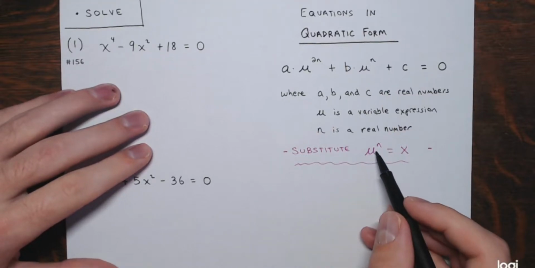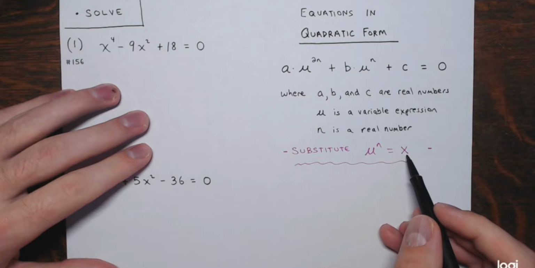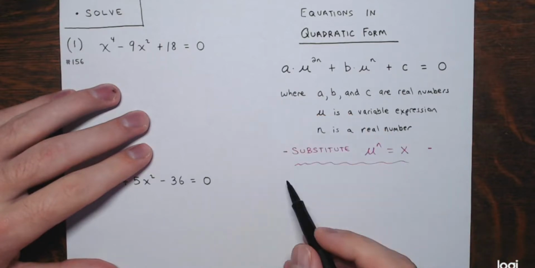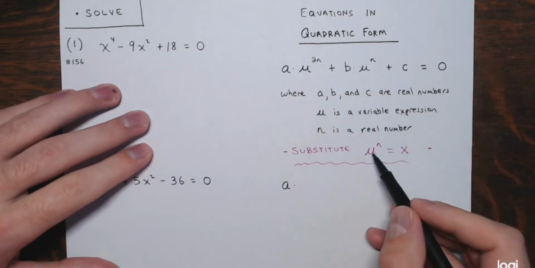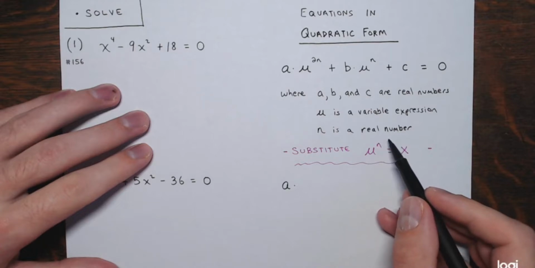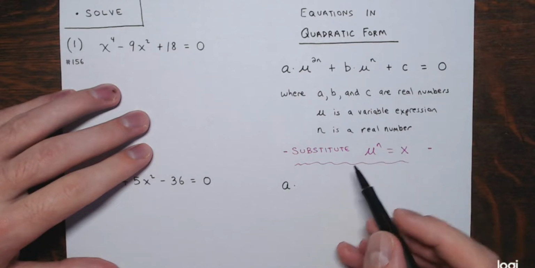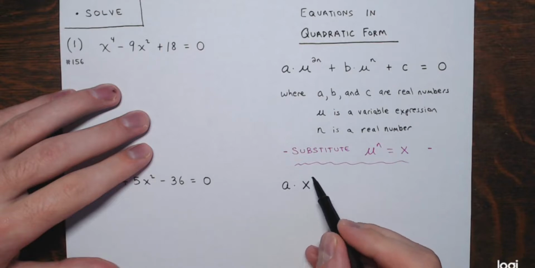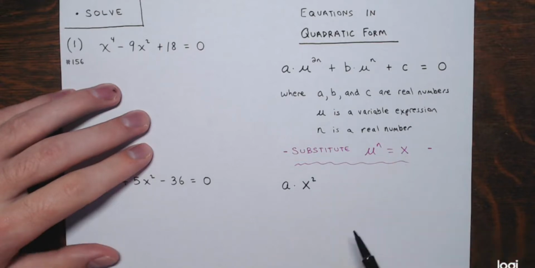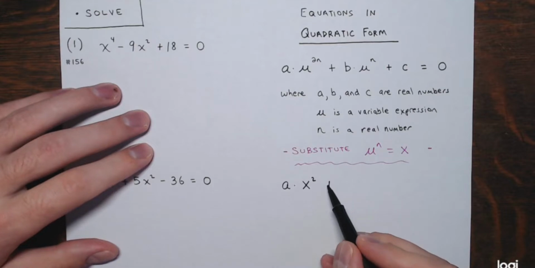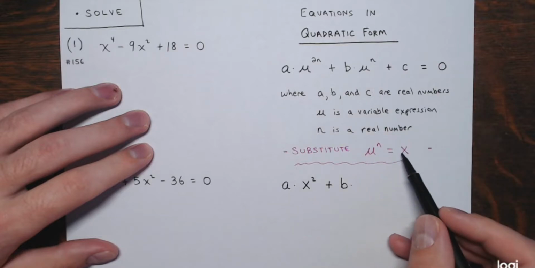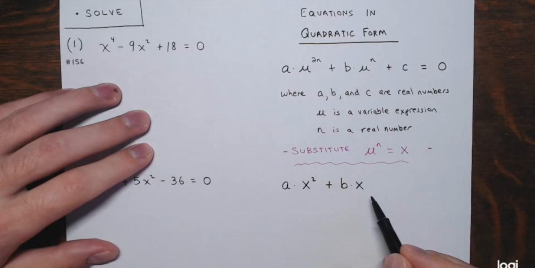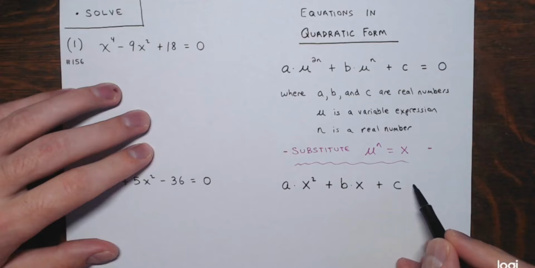If I replace u to the n with x, then this equation becomes a times u to the 2n, which is u to the n squared using the power to a power property. So that would become x squared, or whatever variable I use to substitute, squared, plus b times x, again replacing u to the nth power with x, plus some constant c equals 0.